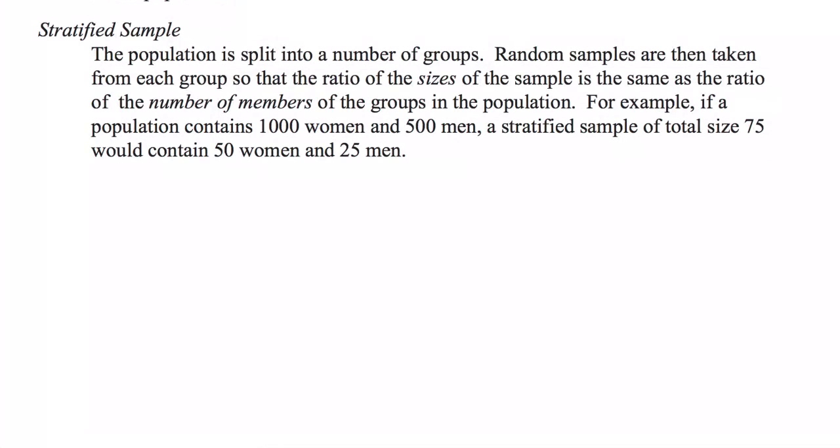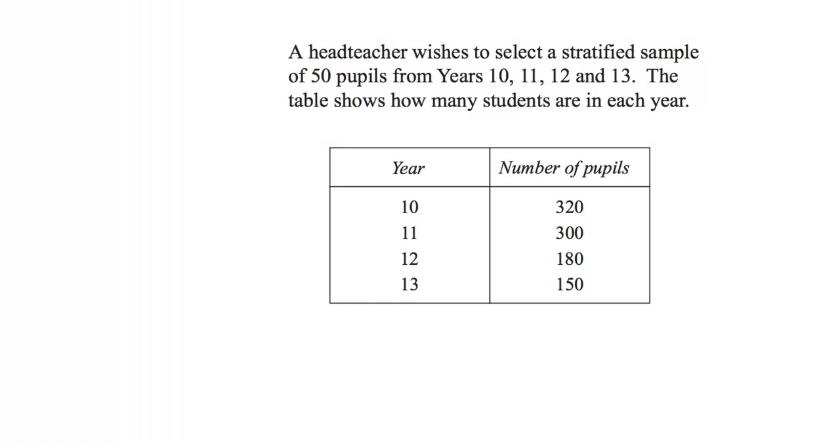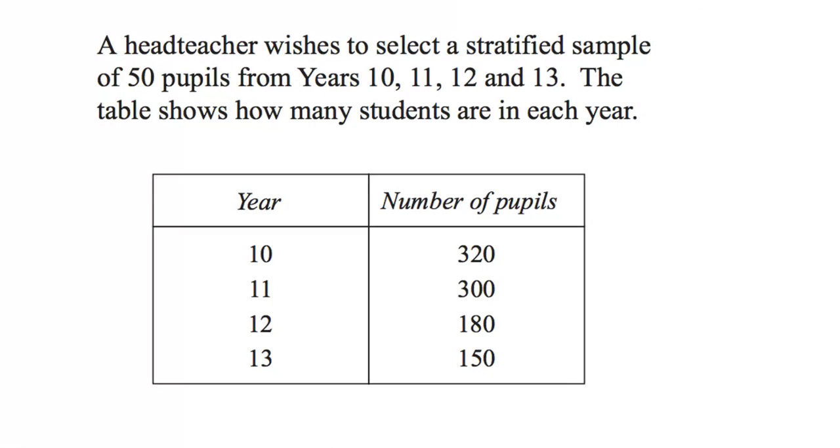So for example, we've got a school in England with grade 10, 11, 12 and 13 students, and they want a sample in which the correct proportion of year 10, 11, 12 and 13 students are represented. We can't just have any random amount. It's got to be the same proportions to get a fair sample, and that's the idea behind stratified sampling.